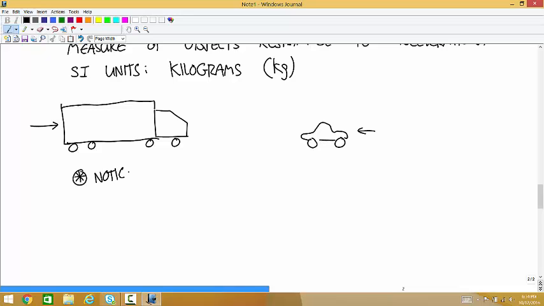One thing to notice about mass is that it's a positive number. And so that means it's non-directional.